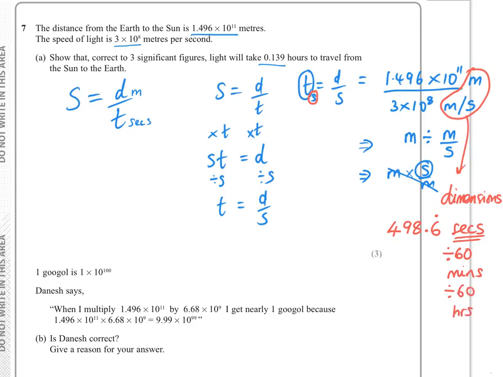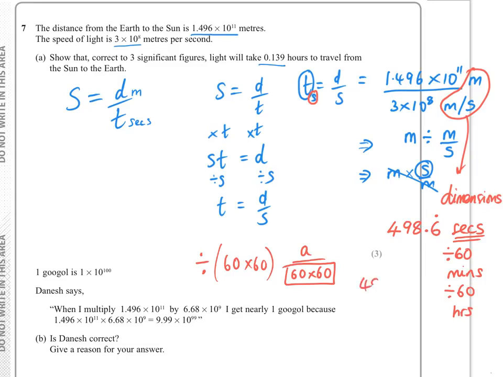So dividing by 60 and then by 60 again is like dividing by 60 times 60, because it's like having your value divided by 60 and then divided by 60 again. So they go on the denominator here. So it's like dividing by 60 squared.